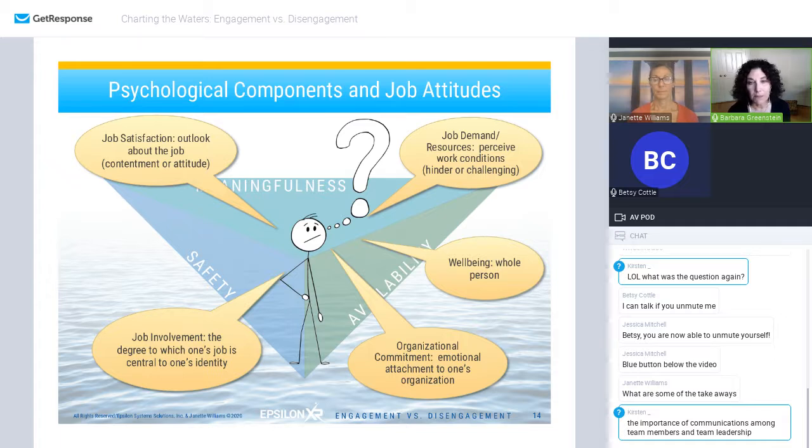I experienced the same sort of thing, Betsy, as you, with our Epsilon clients. I had one client who was so extremely busy doing what they need to do to keep up that they were unable to do what they needed to do to improve their situation. They're so caught up in trying to get their work out, because in their case they're dealing with COVID, they're dealing with trials of drugs and providing training for that.